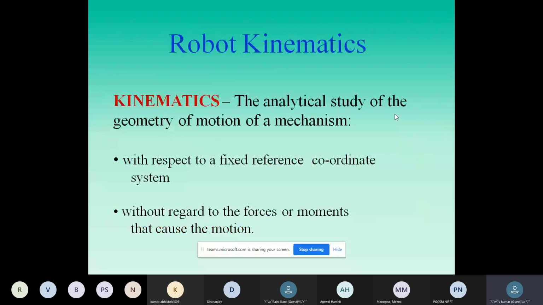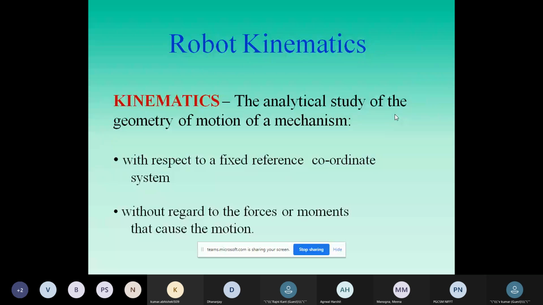Come to robot kinematics. These previous topics are needed to study robot kinematics. What is kinematics? The study of the geometry of motion of a mechanism, any mechanism, with respect to some global, fixed frame.